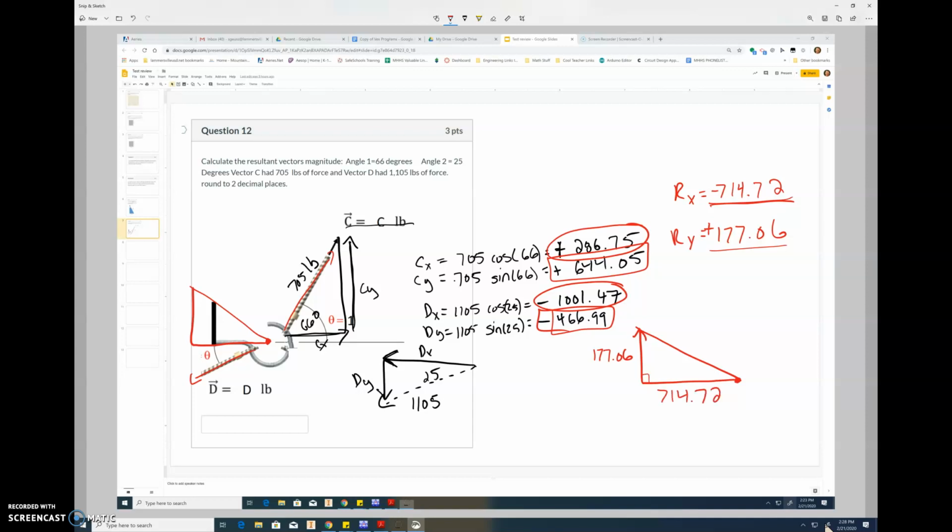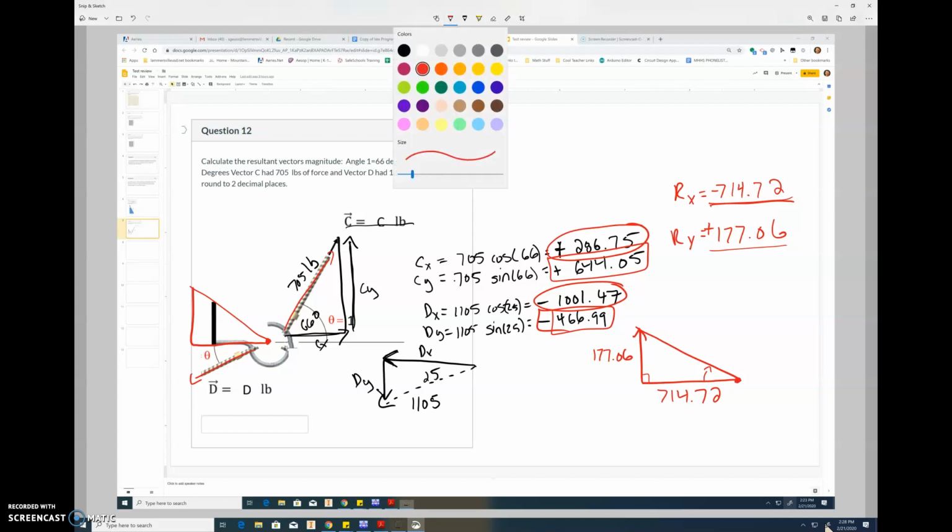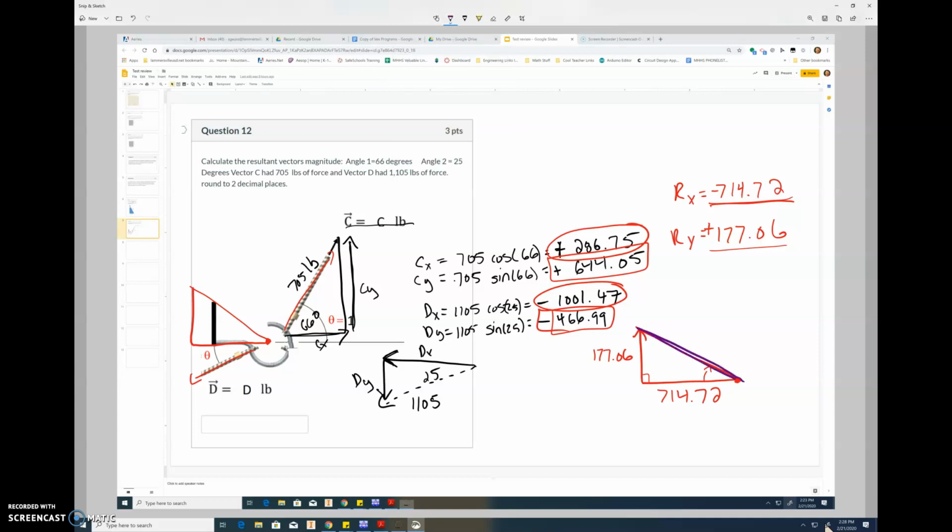Now we could technically find the angle to see the direction of the vector, but all I'm interested in is the magnitude, and the magnitude is located on the hypotenuse. This is the magnitude of that resultant vector. And how do I find that if I have a right triangle? Well, Pythagorean theorem. So the magnitude squared is going to equal 177.06 squared plus 714.72 squared, and then we can take the square root.